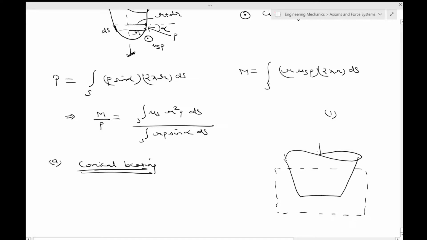This is the axis, P, M. This radius is R1, a generic radius is R, and this is R plus dr. This is again ds as before.